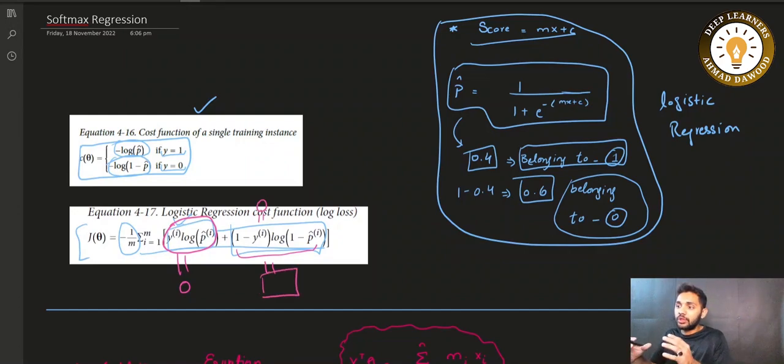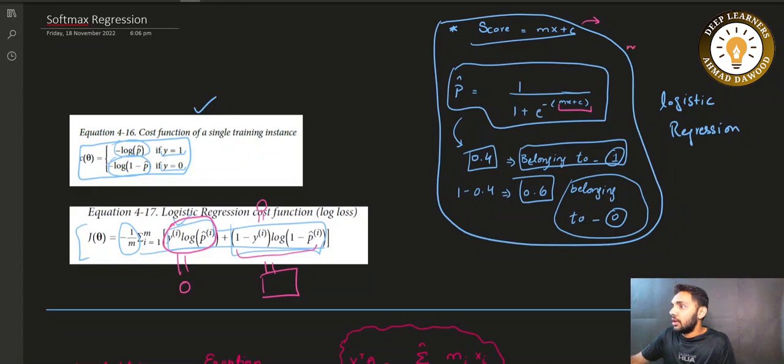In this way, the cost for each sample is calculated and all the costs are summed up for training the algorithm, so that the cost function J is minimized. We are actually finding the best-fit parameter values, and these are the parameters in mx plus c.